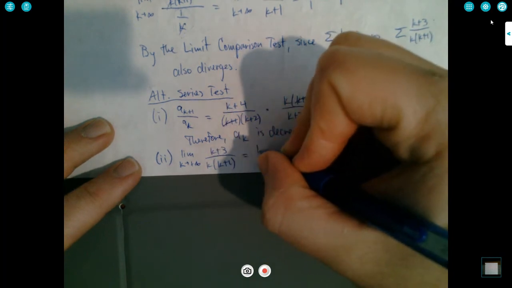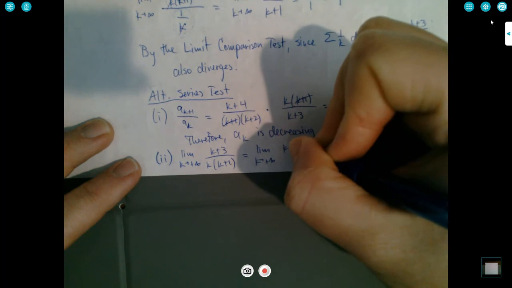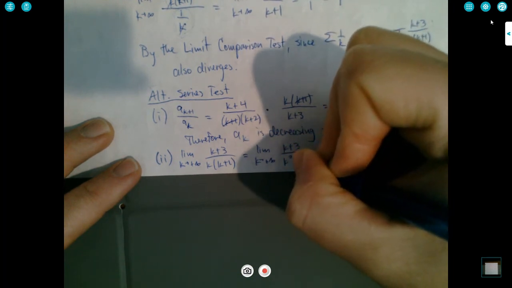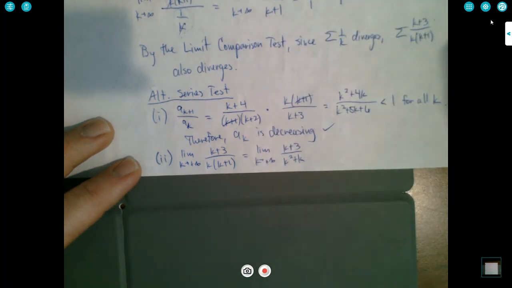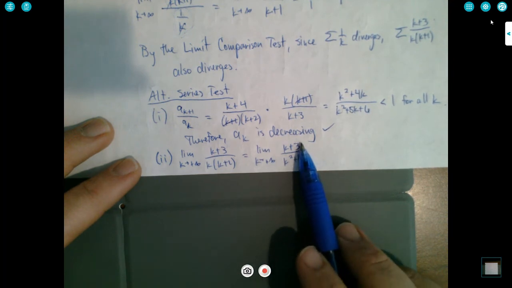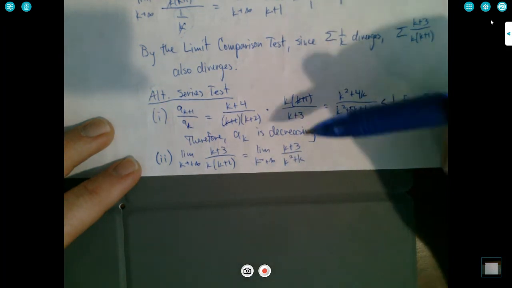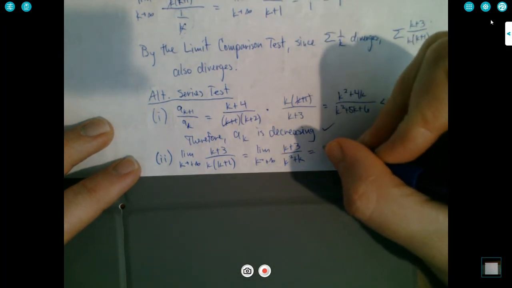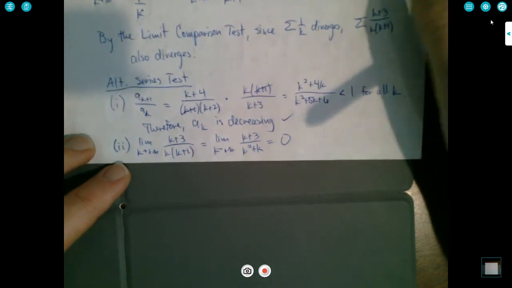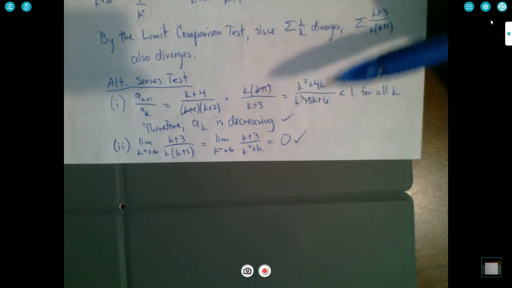This is the limit as k goes to positive infinity of k plus 3 over k squared plus k. And because these are both polynomials, and the degree of the denominator is greater than the degree of the numerator, this is going to go to 0 for sure. Okay, so both of the conditions in the alternating series test check out, and therefore the series converges.